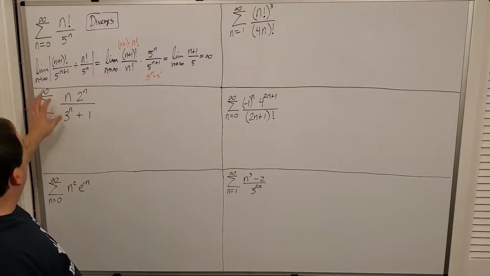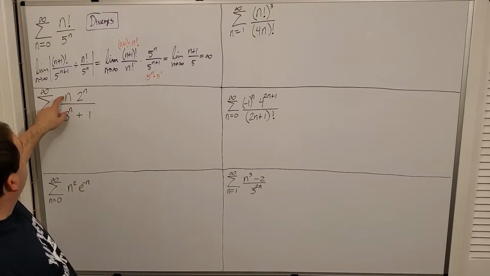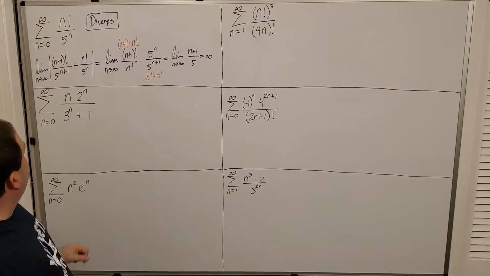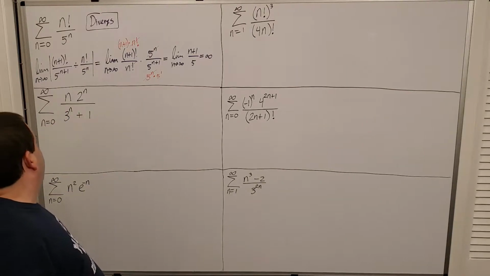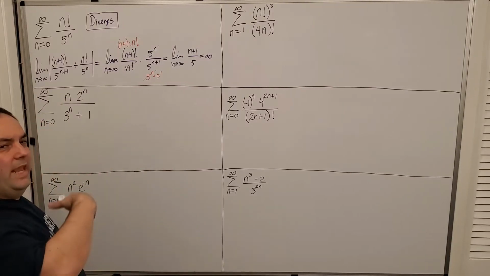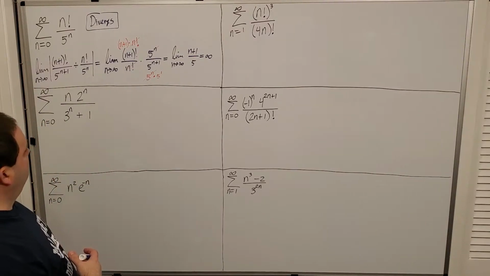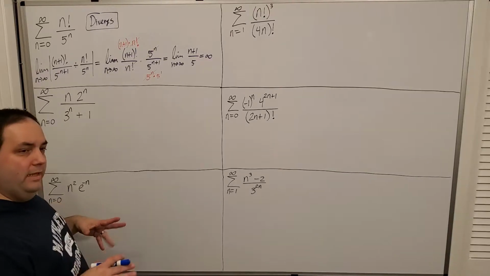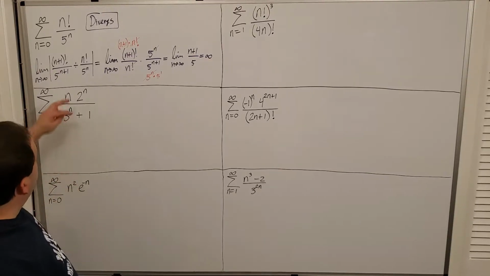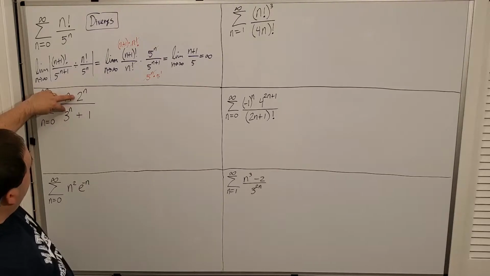n equals 0 to infinity here, and I have n times 2 to the n over 3 to the n plus 1. So if we were doing a different test, you would probably lean more towards a limit comparison, where this kind of looks like a geometric series, right?